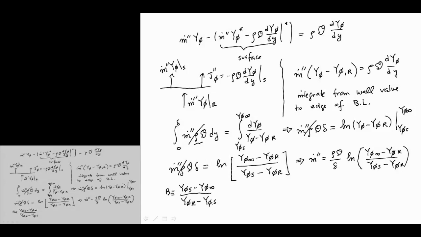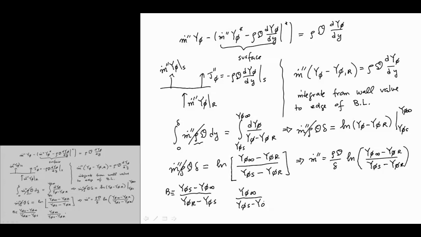We're going to take this quantity, y phi infinity over y phi s minus y phi r, and add and subtract y phi s.